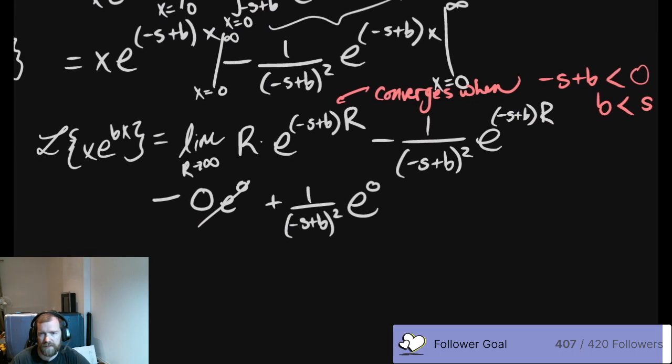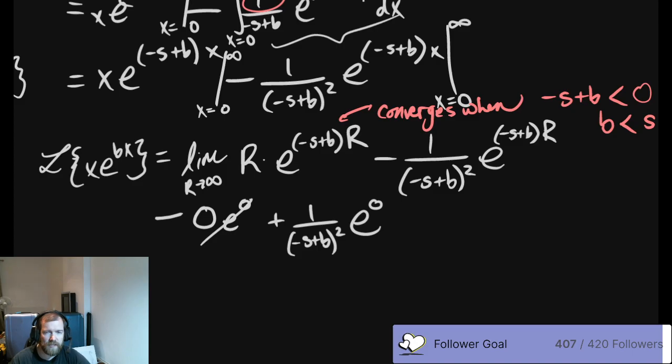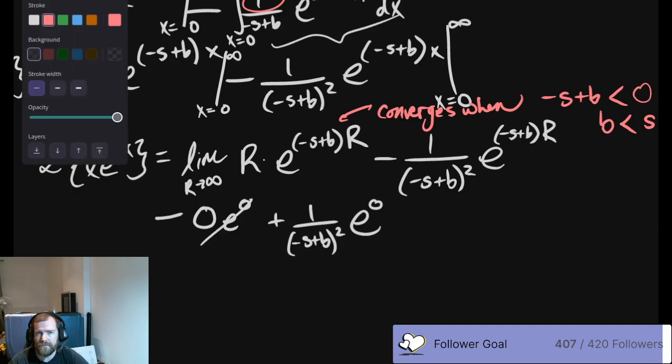Right, because we need this thing to come out to e to the negative infinity in order to get these terms to go away. Otherwise, we end up with infinite terms, and we don't like infinite terms being thrown in here. Okay, so the Laplace transform of x e to the bx, where b must be less than s.